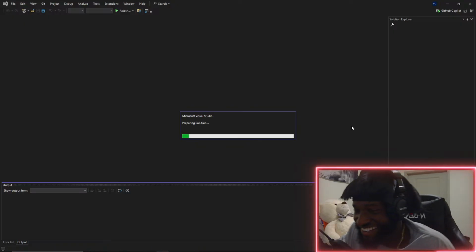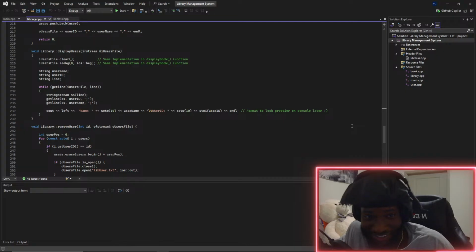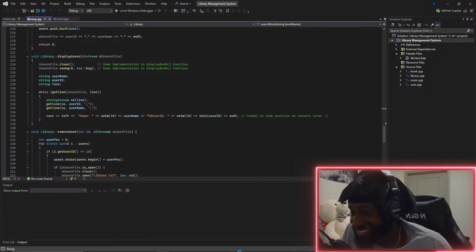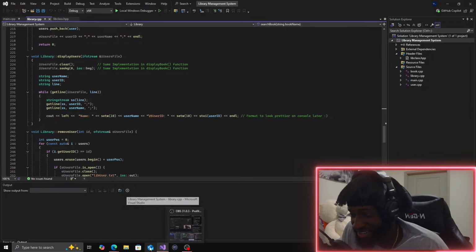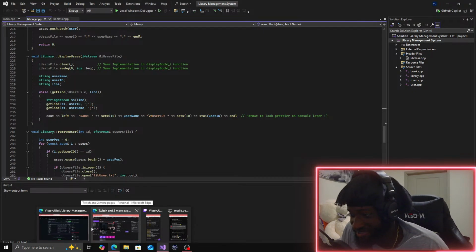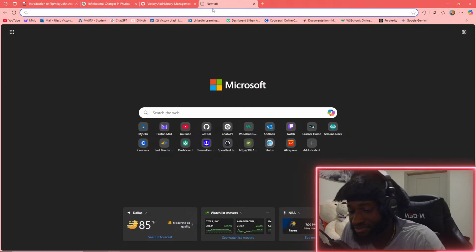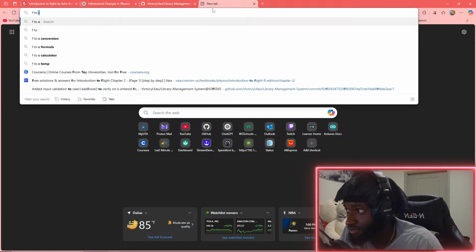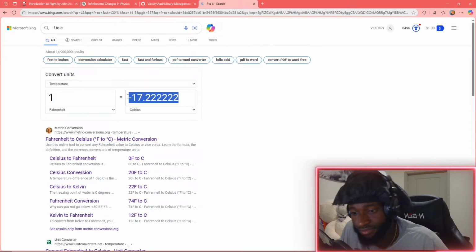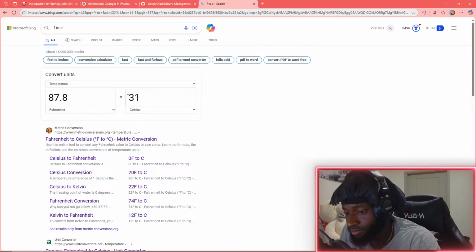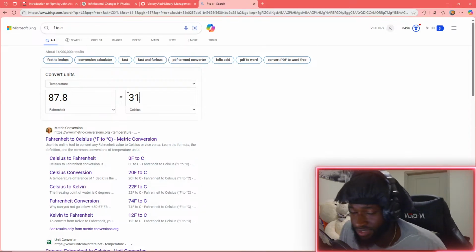Sorry, not Fahrenheit. Hold on, let me convert that real quick. Actually, I don't even remember how to convert Celsius to Kelvin. I think you multiply it by 5/9 and then subtract 32, maybe. There's 87 in Russia? What?